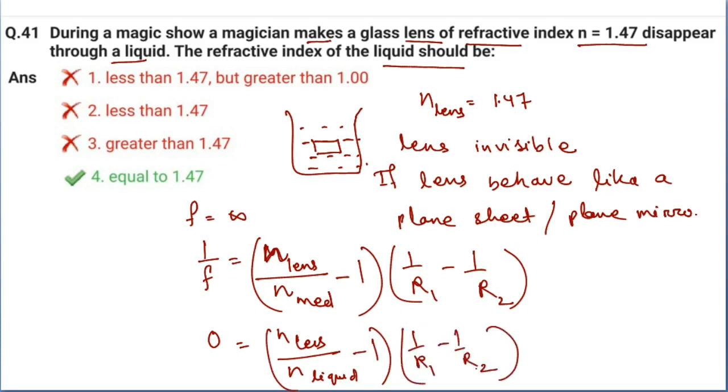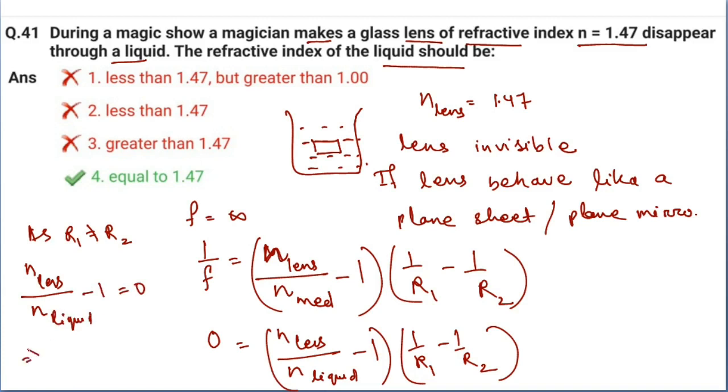Here, as r1 cannot be equal to r2, 1 by r1 minus 1 by r2 is not equal to 0. So what will be equal to 0? The refractive index of the lens upon the refractive index of the liquid minus 1 must be equal to 0.